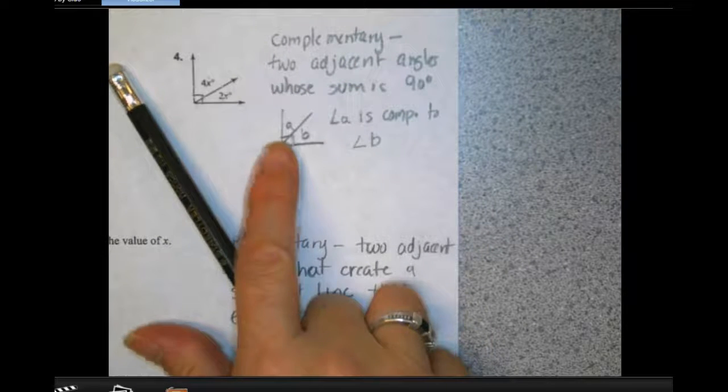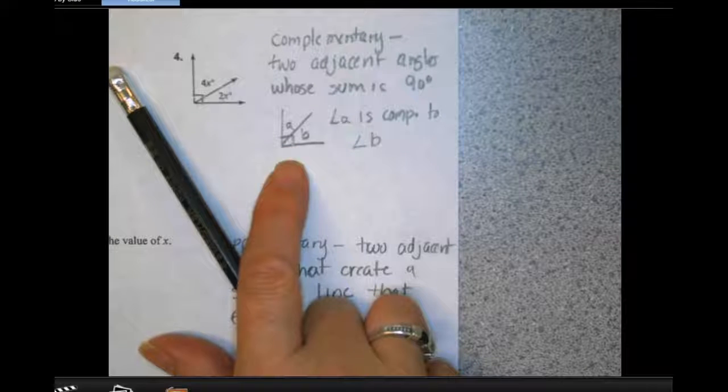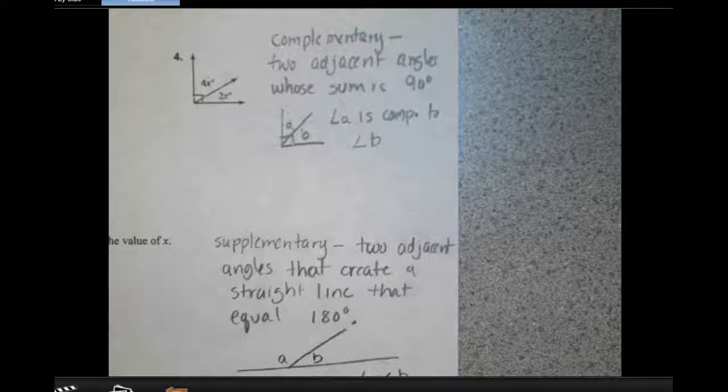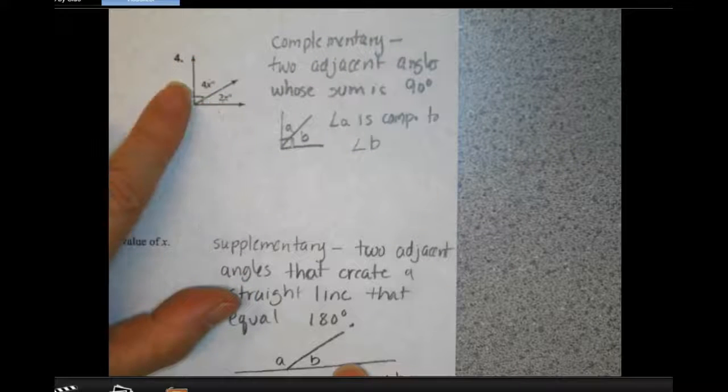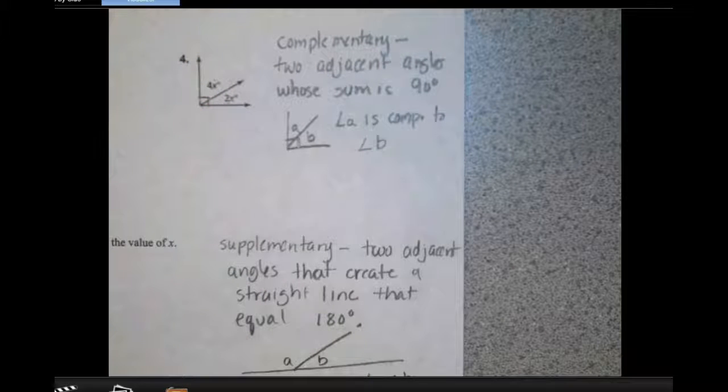So whenever we have an angle that has this square, it's going to be a 90-degree angle, and any angle that's created is going to equal 90 degrees. Go ahead and copy that down.